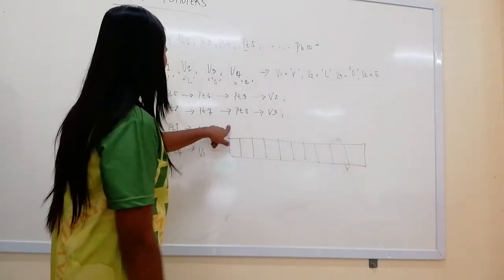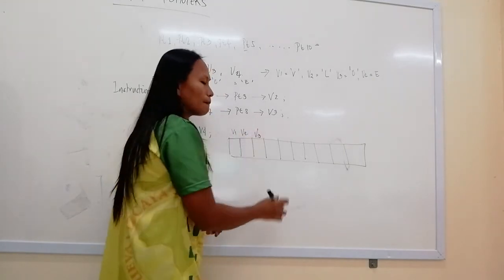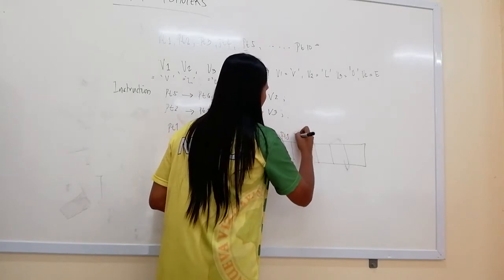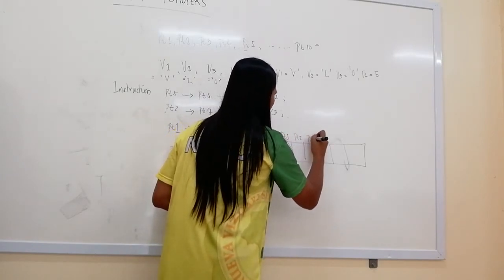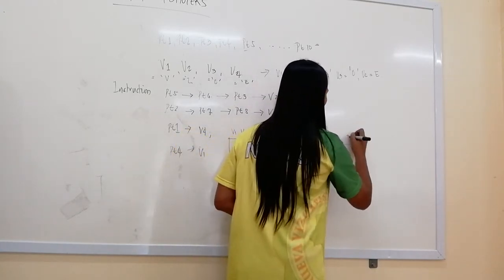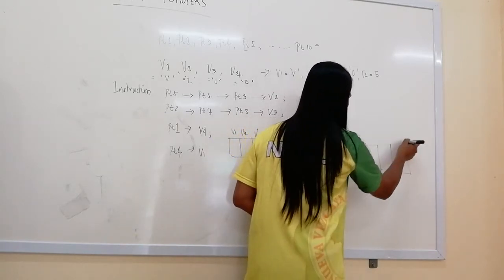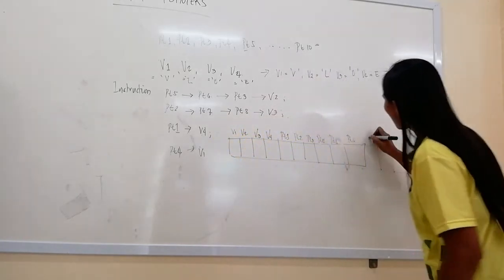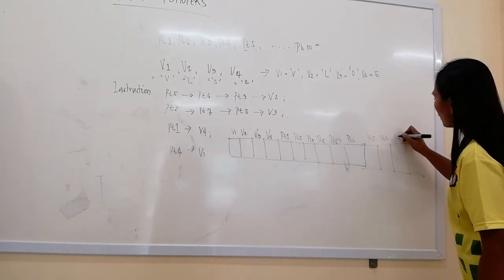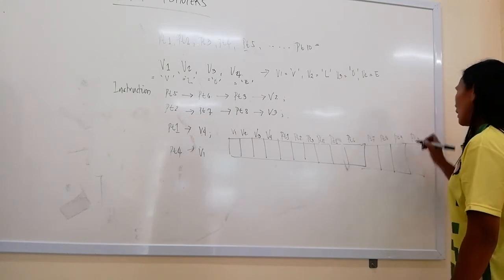Okay, so we have here variable 1, variable 2, variable 3, variable 4, pointer 1, pointer 2, pointer 3, pointer 4, pointer 5, pointer 6, pointer 7, pointer 8, pointer 9, and last we have pointer 10.